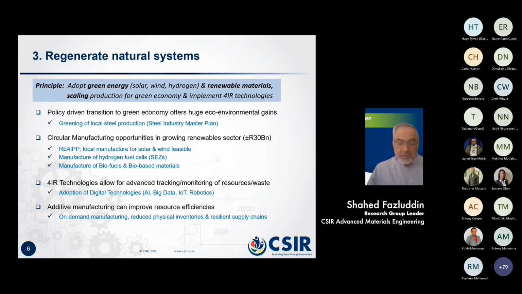Circular manufacturing of local solar and wind technologies may also be feasible, with similar prospects in the manufacturing of renewable bio-based fuels and materials. The deployment of digital technologies can act as an enabler for advanced tracking and monitoring of resources and waste across all industry sectors. 4IR processes such as additive manufacturing have disrupted traditional machining and casting methods, reducing product development costs and timelines.